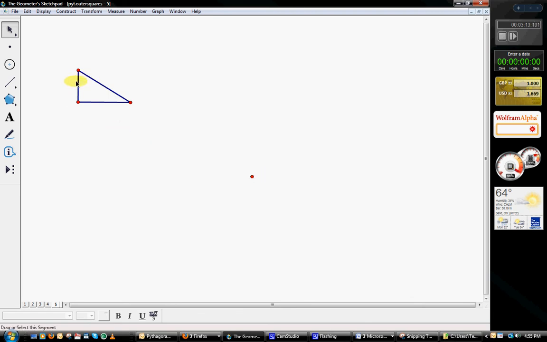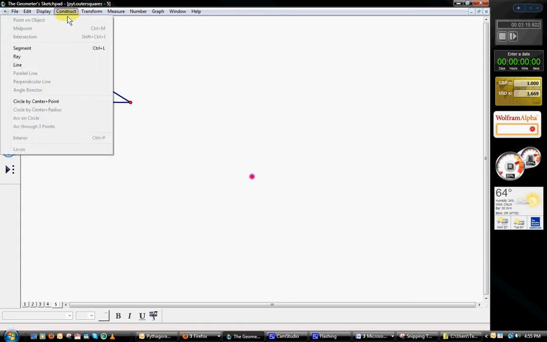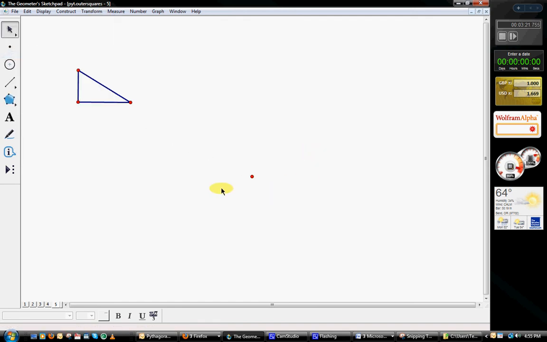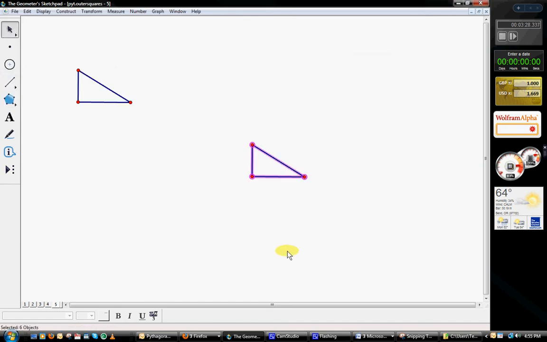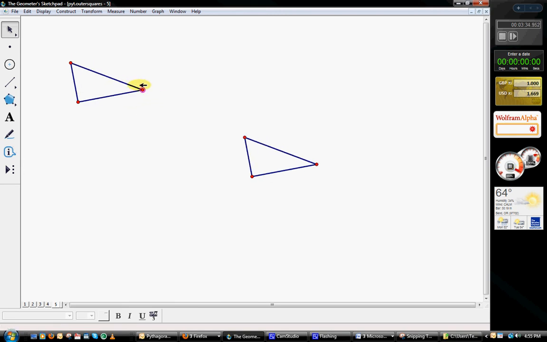Anyway, what we'll do is mark a vector from here to here. Then we'll highlight the whole thing and transform it and translate it, and there we go. And then we can expand this a little bit to make our squares look a little bit cooler.